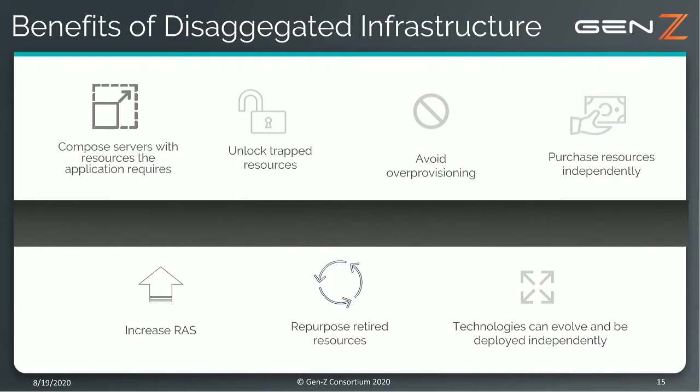We avoid over provisioning. We talked earlier about streamlining the supply chain and giving vendors the opportunity to purchase resources independently. We increase RAS. We also are able to repurpose retired resources, and because of the scalable nature and disaggregated capabilities within PECFF, that allows us to plug and play, and technologies can evolve and be deployed on an independent basis very easily.